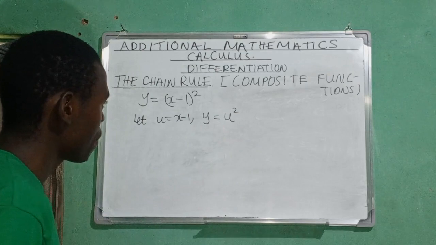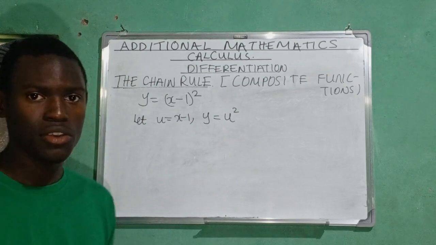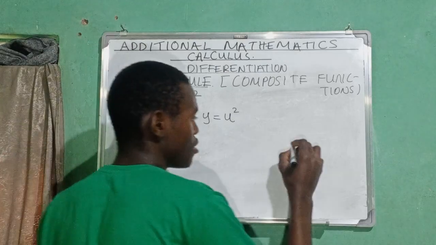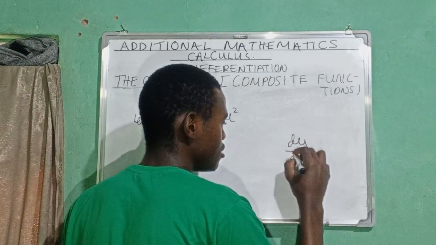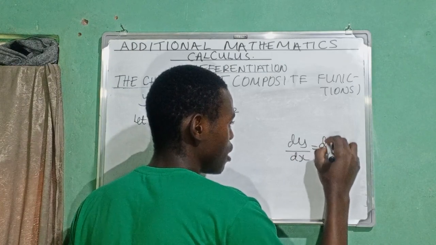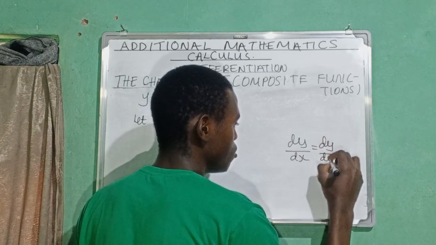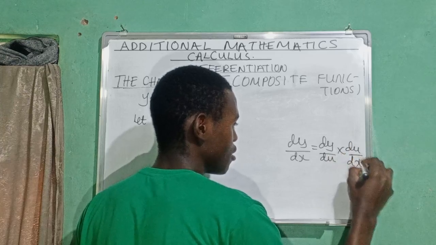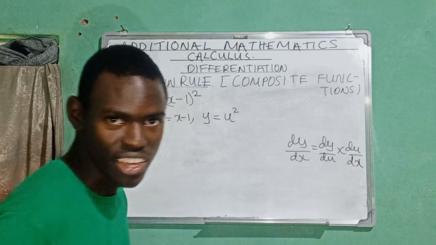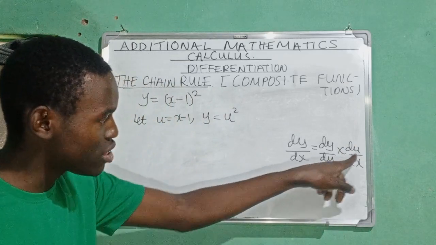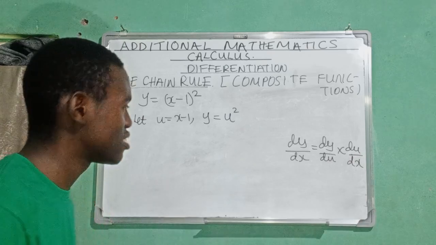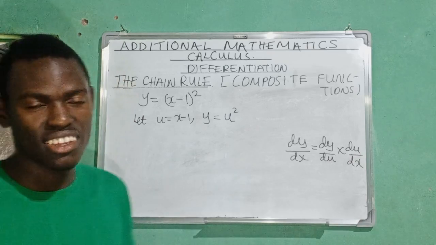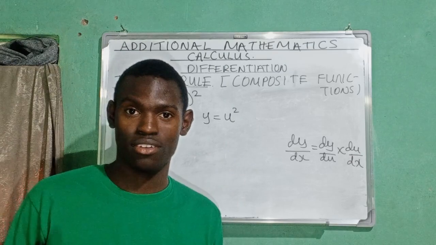So the chain rule is dy dx is equal to dy du multiplied by du dx, in such a way that the du and the du cancel out. Mathematically, that is wrong.